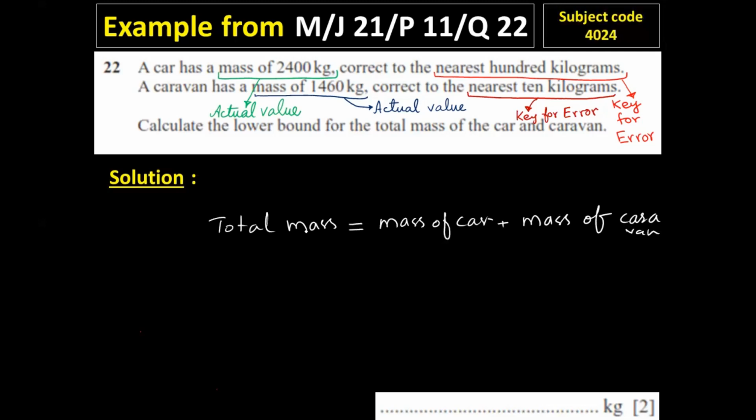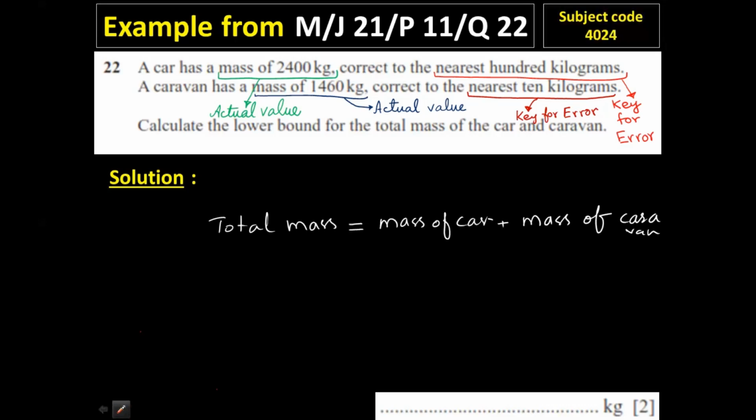Now, we are going to find the lower bound for the total mass. Total mass is the sum of mass of car and mass of caravan. When you are going to find out the lower bound of total mass, it must be the lower bound of the mass of the car and the lower bound of the mass of caravan.